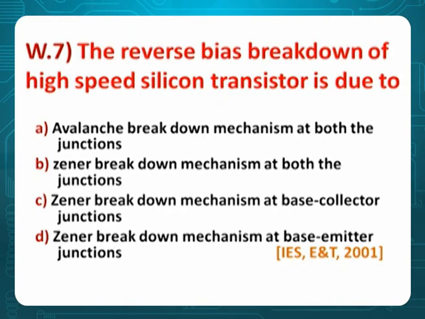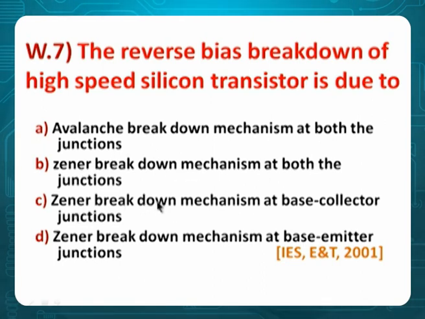Problem 7. The reverse bias breakdown of a high-speed silicon transistor is due to, first of all, reverse bias, high speed means heavily doped. Then automatically, is it avalanche breakdown mechanism at both the junctions? No. Zener breakdown at both junctions?